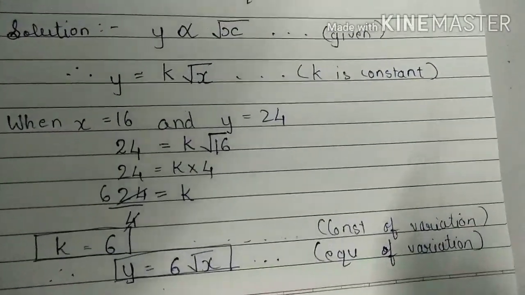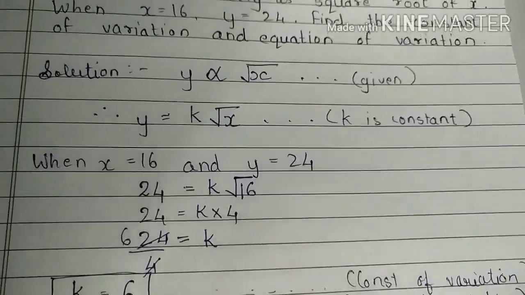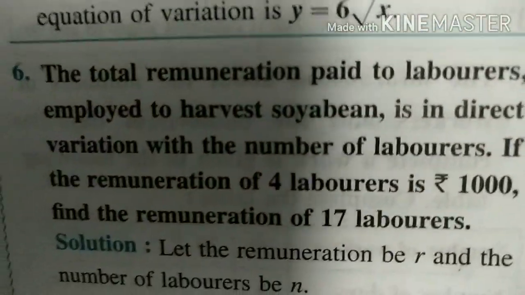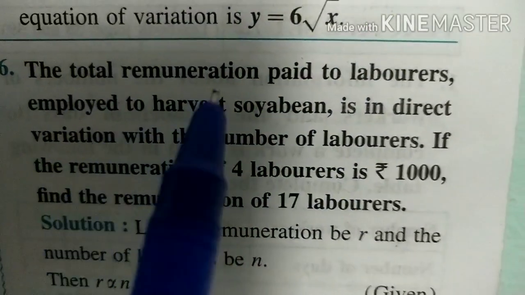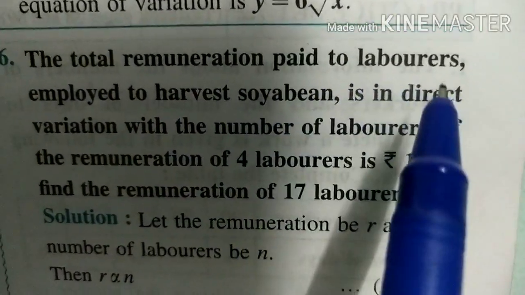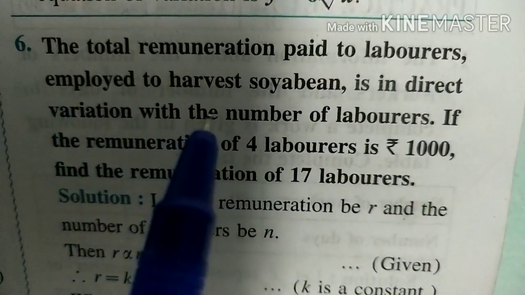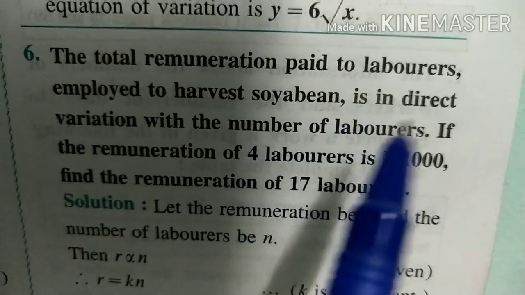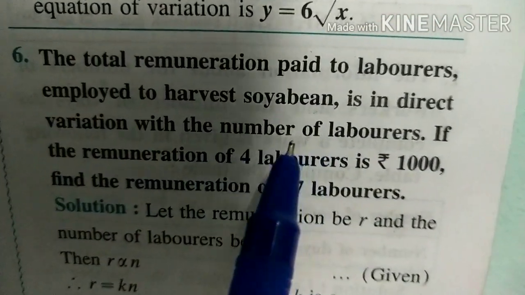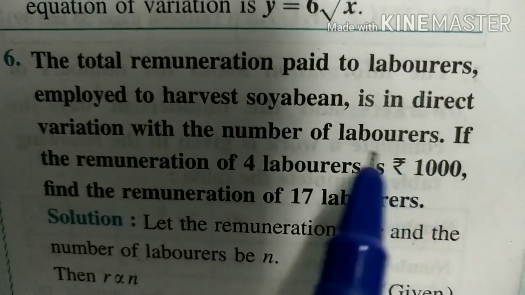Hope you all have understood. Now the last sum is to be done in this way. If you see, the total remuneration paid to laborers employed to harvest soya bean is in direct variation with the number of laborers. So there are two things.